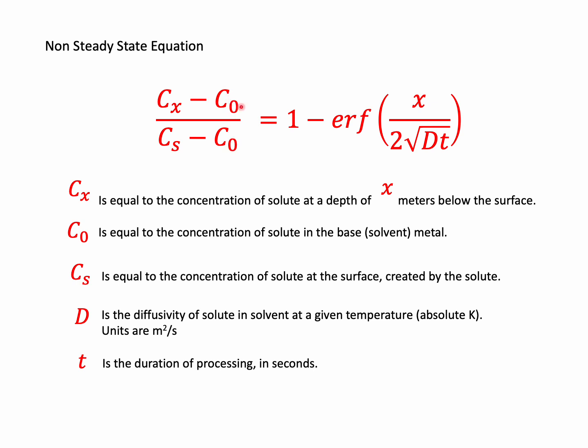C sub 0 is the original carbon concentration of a steel, the base concentration. C sub s is the concentration that I'm exposing the surface to, and C sub x is the concentration I have at depth x. On the right side of the equation, I have that depth. That has to be in meters, because diffusivity is in meters squared per second. So the time is in seconds.